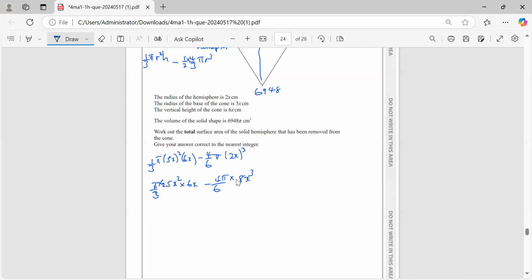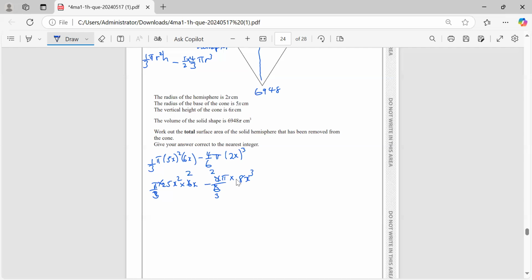So I'm just going to get rid of this 3; if I get rid of 2 here, I get 2 there. 2 times 8, I get 16, right?